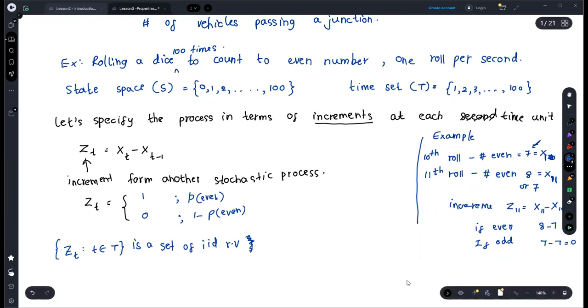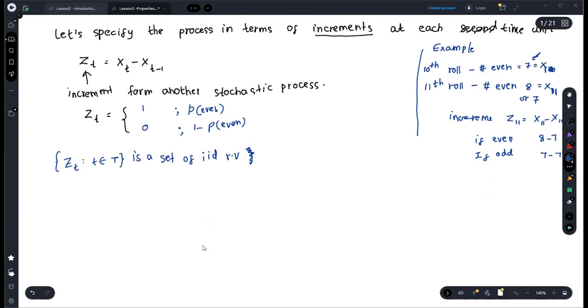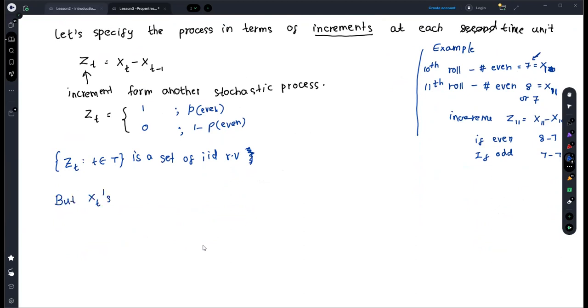Now, although you have XTs, which are stochastic processes, and from them you develop a new one called increment, which is also another stochastic process, if you think about these XTs, they are not independent, right? They are not independent. Why?